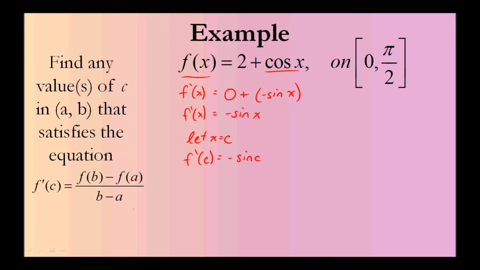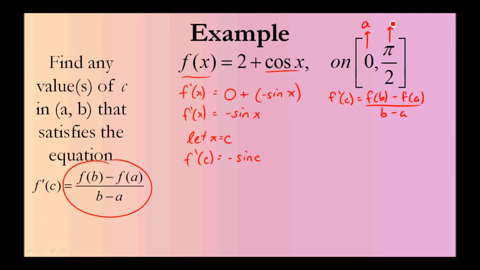Additionally, we also know that f prime of c is equal to, seeing our formula down here, f of b minus f of a divided by b minus a. Well, we know that 0 is our a and pi over 2 is our b.